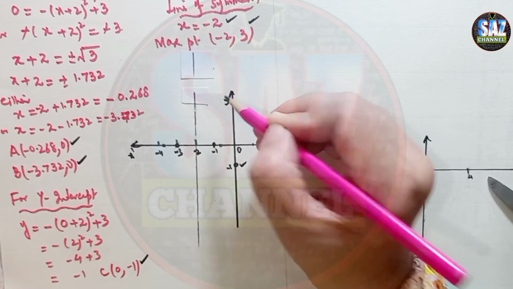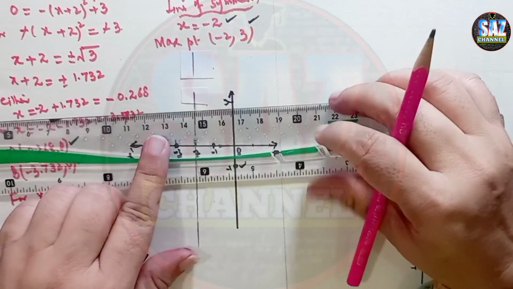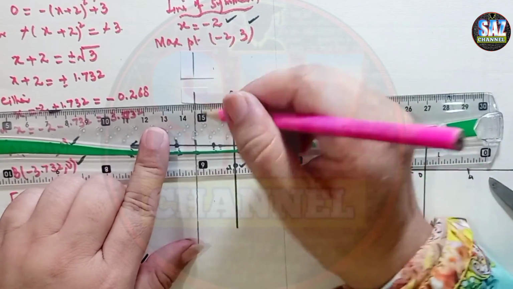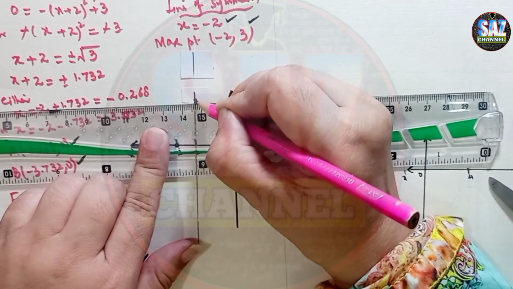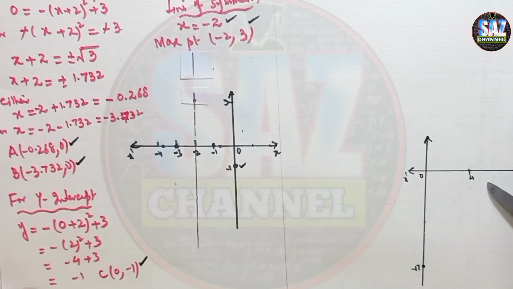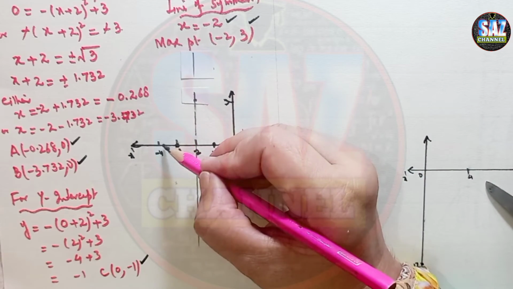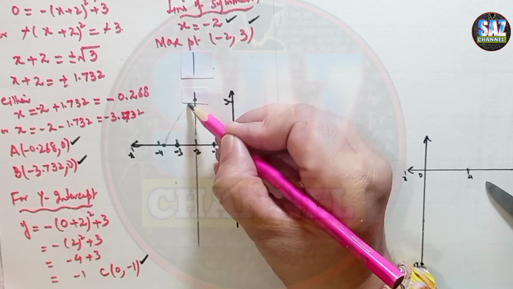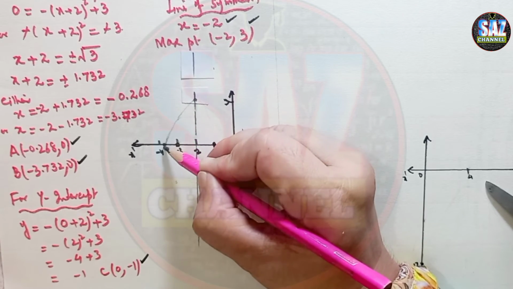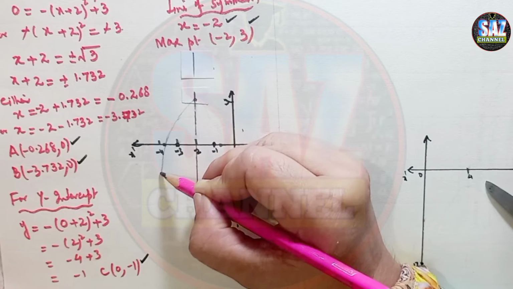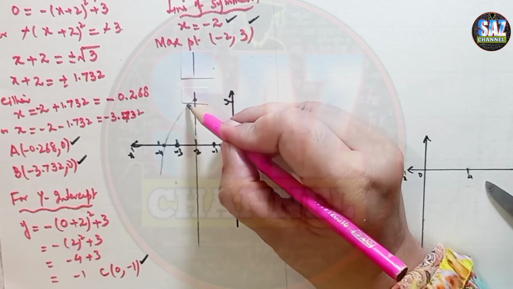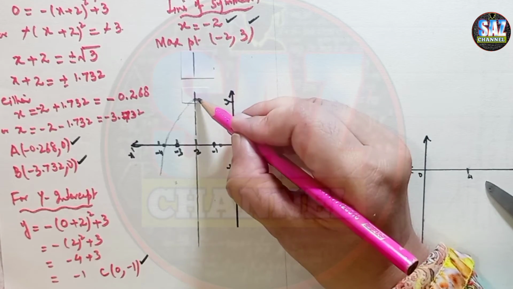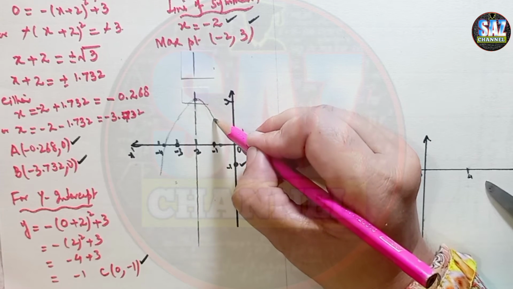Let me keep the ruler here in front of this so that my curve can take the proper movement. Now we have to first join all these points with the help of a smooth pencil curve, and at first we should not use the pencil boldly, so that if we need to remove our work we can remove it easily.